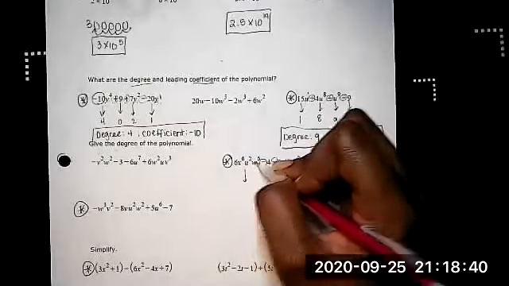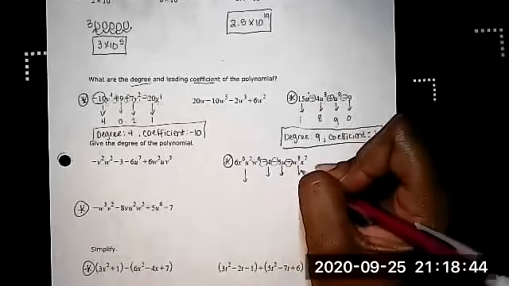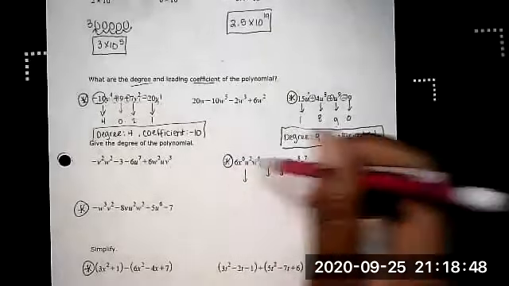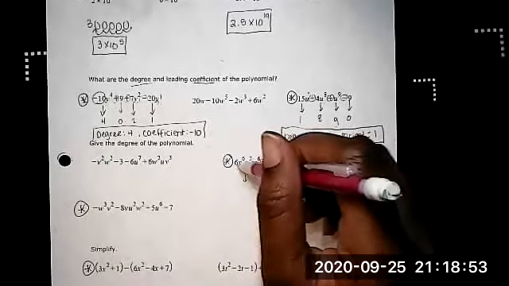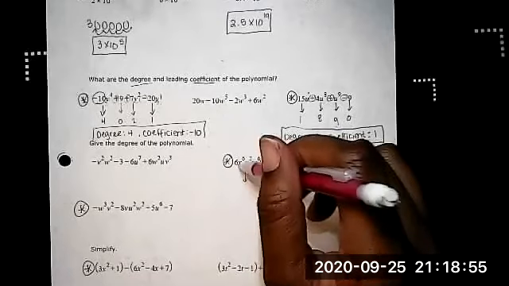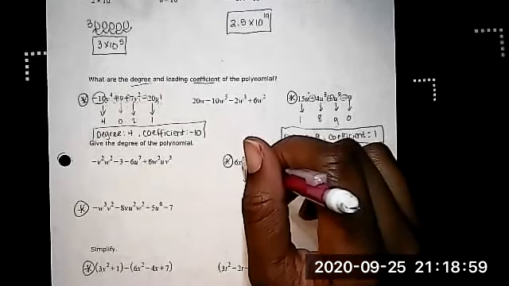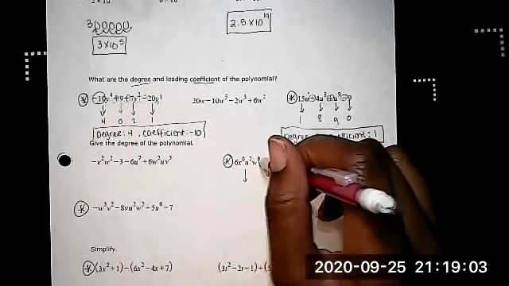So this whole thing is a term, the 4 is a term, the 5u is a term, and then this whole thing is a term, okay? When all of this is one term together, then you have to add those exponents. When you have multiple exponents in one term, you have to add them, okay?